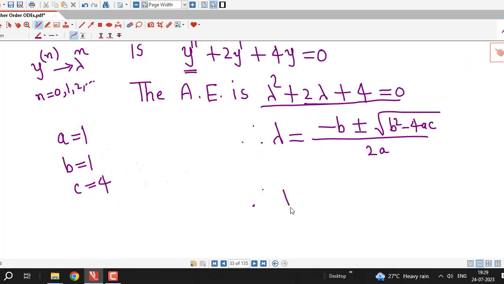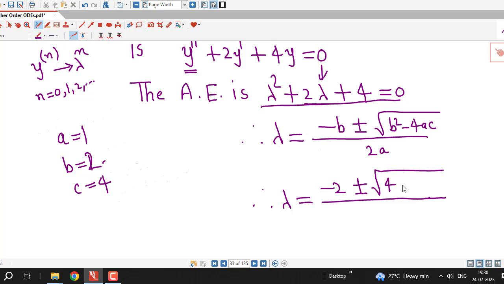So we substitute all these values here. Lambda equal to minus b, that is minus 2, b is 2, it is the coefficient of lambda. So I am taking b equal to 2 here, plus or minus square root of b square, b equal to 2, that is b square is 4, minus 4, a is 1 and c equal to 4, and 2 times a is 2 times 1.